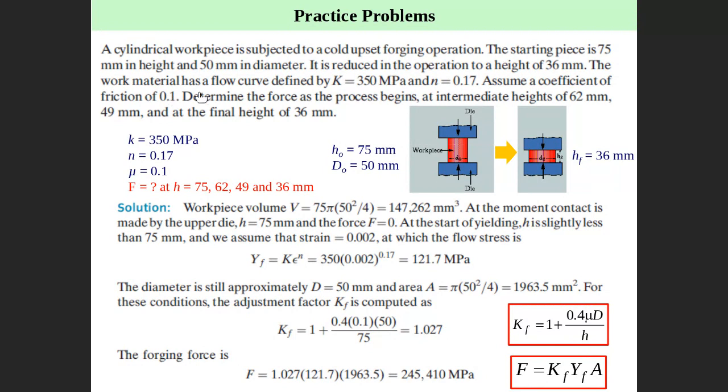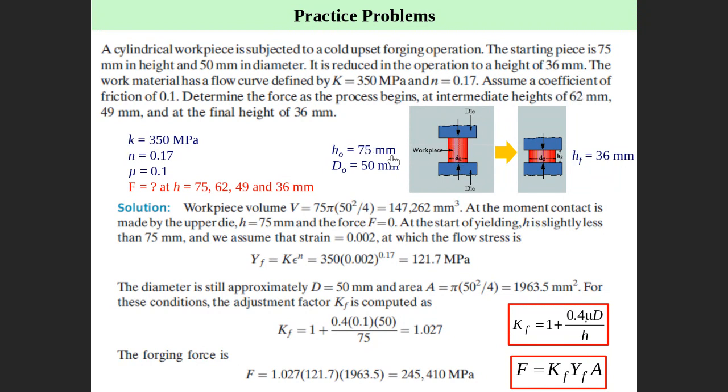The work material has flow curve K given and N given. This is a cold working, K and N given. Assume coefficient of friction is given, 0.1. This is the mu. Determine the force at the beginning at 75, 62.